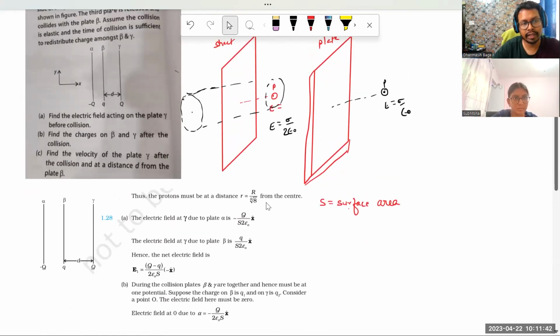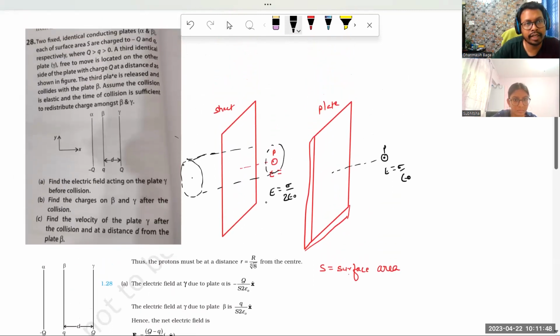What they are doing actually, they are treating just one surface of the plate like a sheet. They are very, very thin. They haven't mentioned it properly, but yeah.